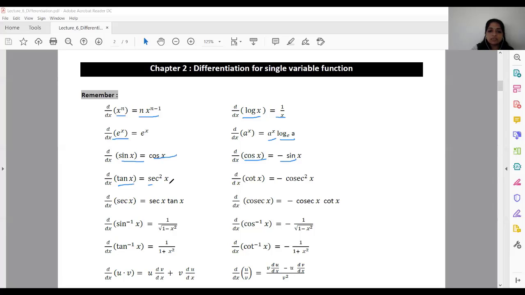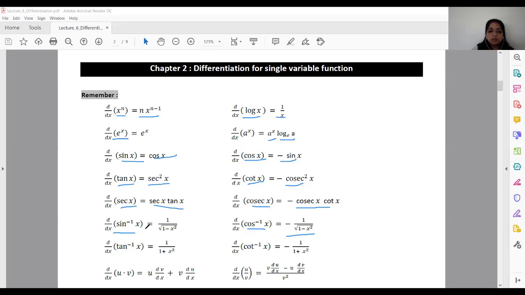The derivative of tan x is sec square x, and of cot x is minus cosec square x. The derivative of sec x is sec x tan x, and the derivative of cosec x is minus cosec x cot x, right? The derivative of sine inverse x is 1 upon under root 1 minus x square, and cos inverse x is the same with a difference of sign: minus 1 upon under root 1 minus x square.